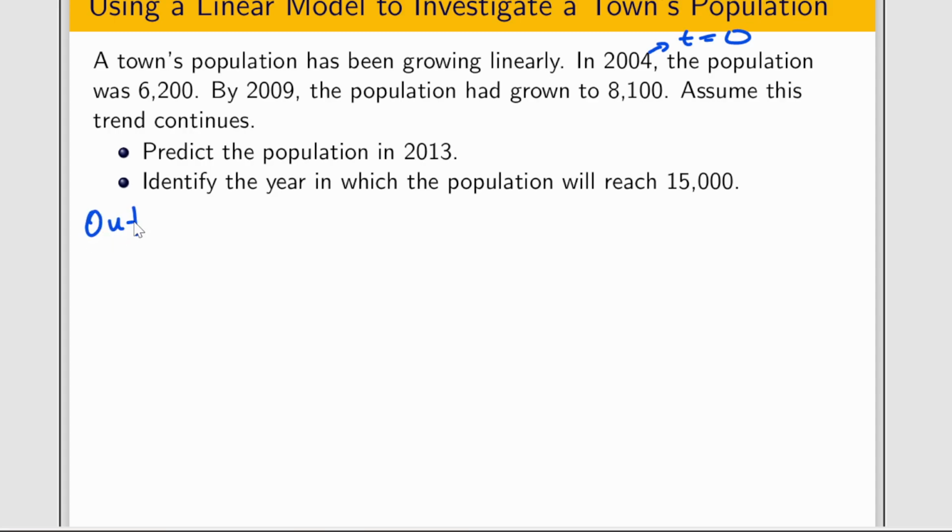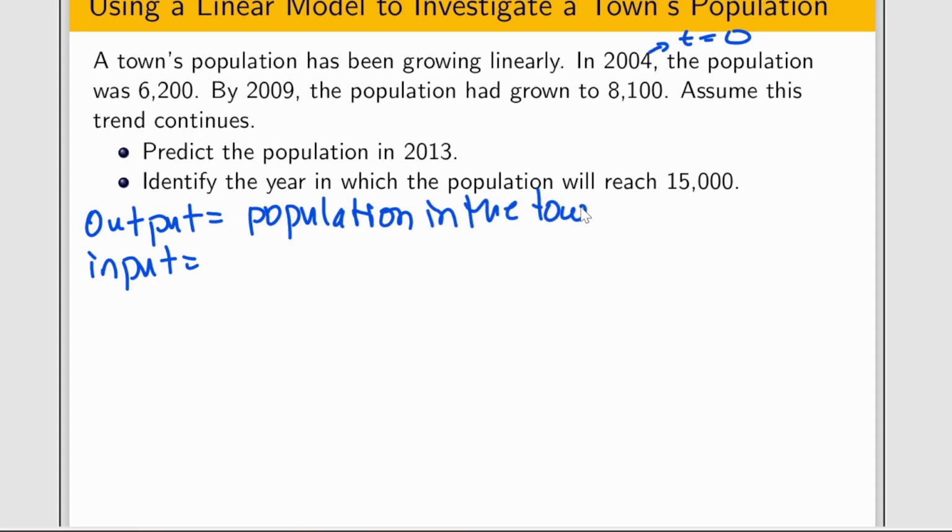And now with that in mind, let's identify our outputs and our inputs here. Since population is changing over time, population is my output, the population in the town, and we'll call that P for population.